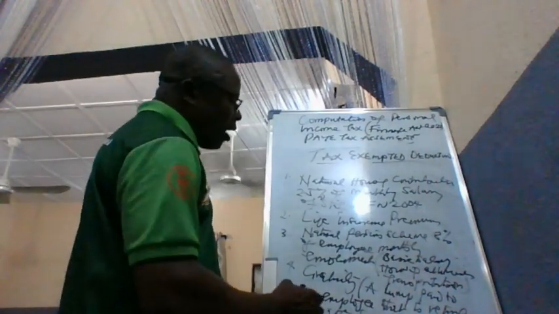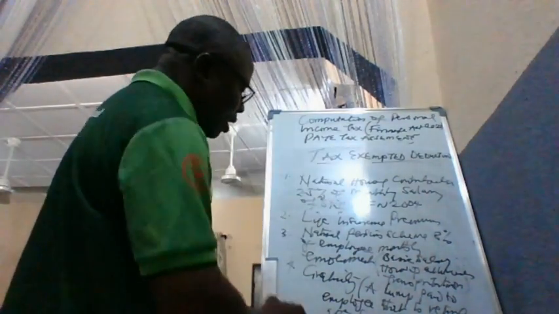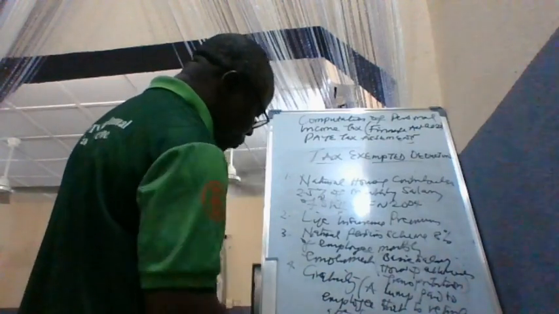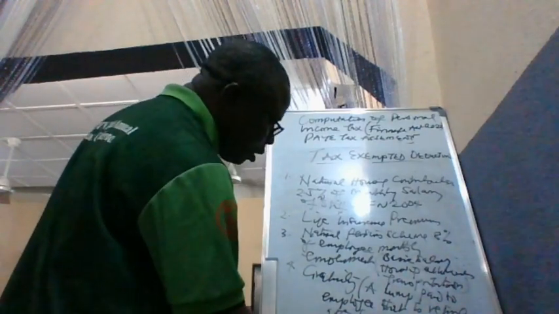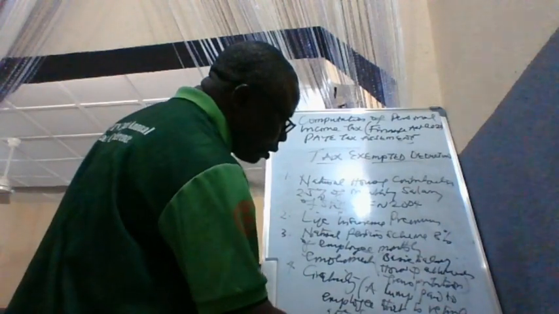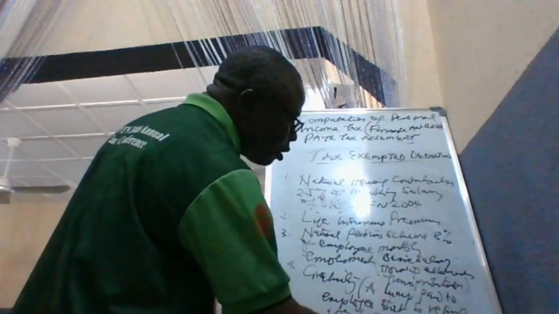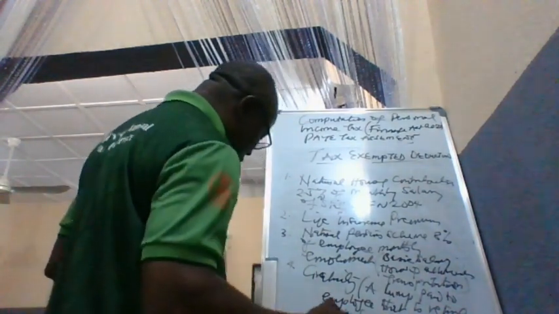Another one that is very key that is also exempted, number five, is what we call the National Health Insurance Scheme.